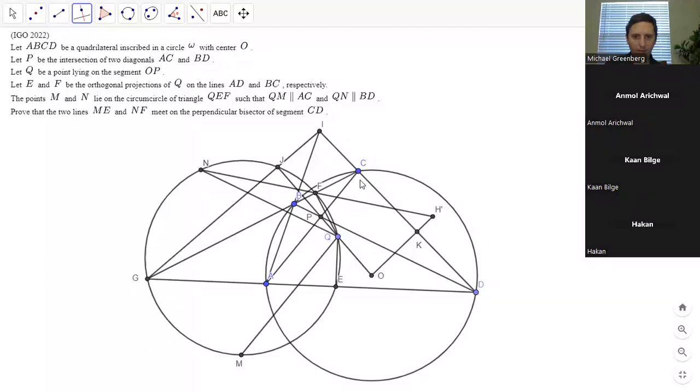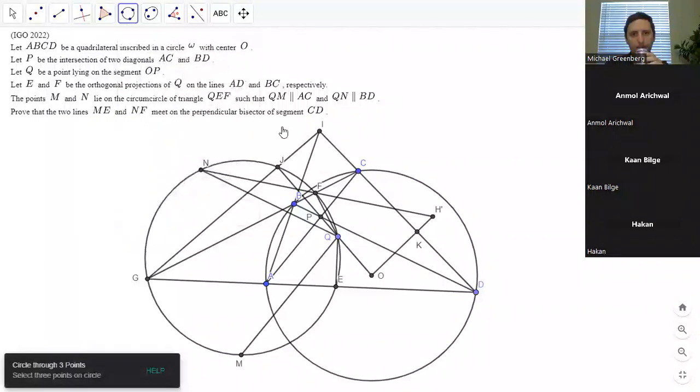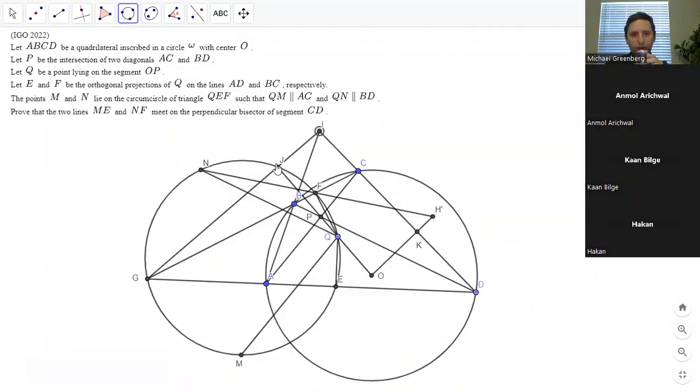And this is perpendicular. And this is also perpendicular. So wait. Oh. Let's see.